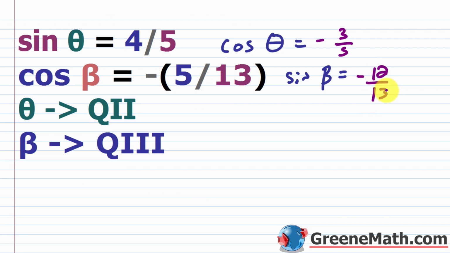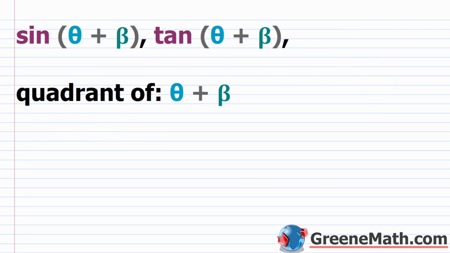So we are officially ready to answer this part up here, the sine of theta plus beta. The sine of theta plus beta is equal to the sine of theta, which is 4/5, multiplied by the cosine of beta, which is negative 5/13.